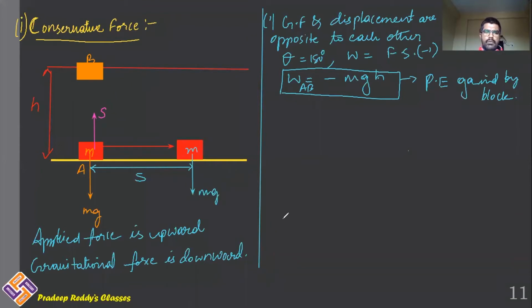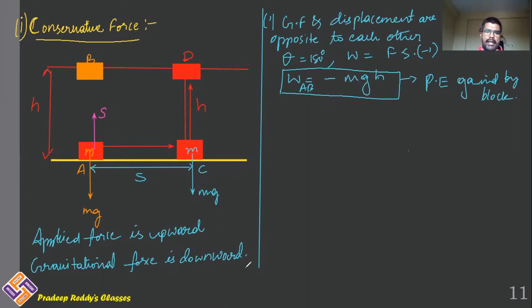This is the new position, I call it C. And now from C I am lifting this object upward to a new position D. It is lifted upward to the same height h. Here also the lifted height is the same.